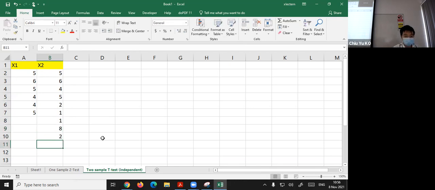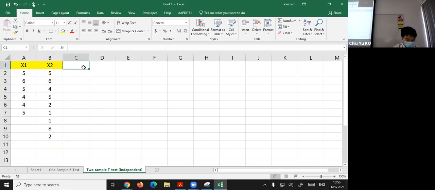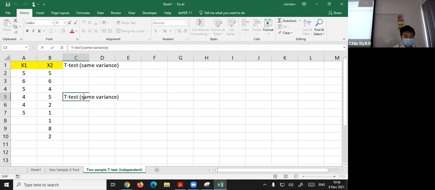I just input some random numbers here. Then we are going to do a t-test under equal variance, and then another t-test under unequal variance. The first one will be a right tail, and then I will do the two tail. The same here.